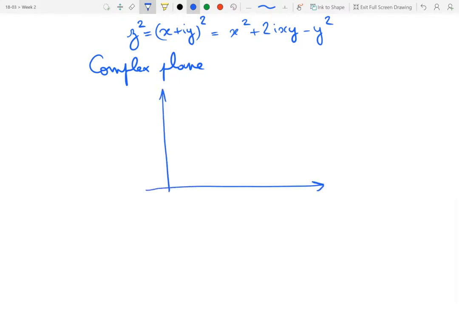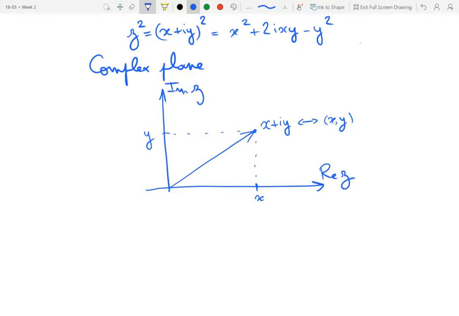We are going to view a complex number as a couple x and y. So here x plus iy we see as the couple x comma y, where we report the first component x here on the x-axis and the component y on the y-axis. So here the x-axis is the real part of z, and y-axis is the imaginary part of the number z.